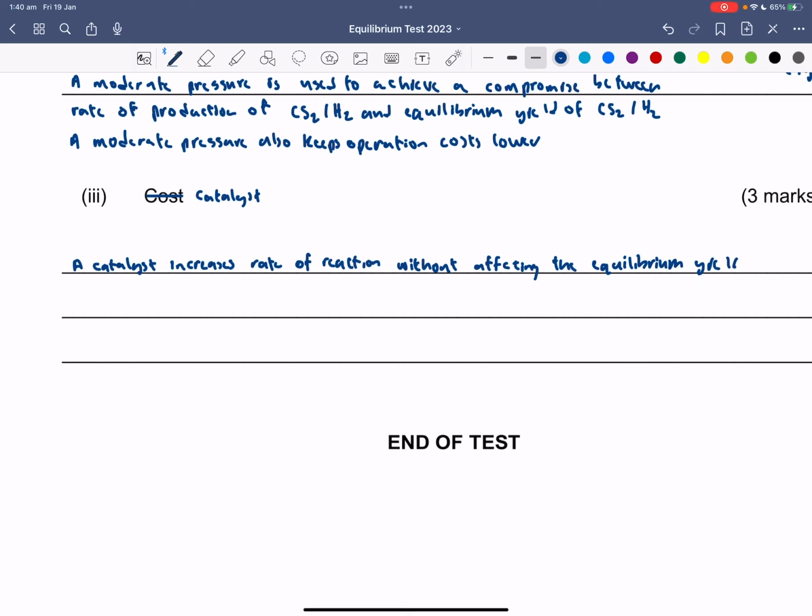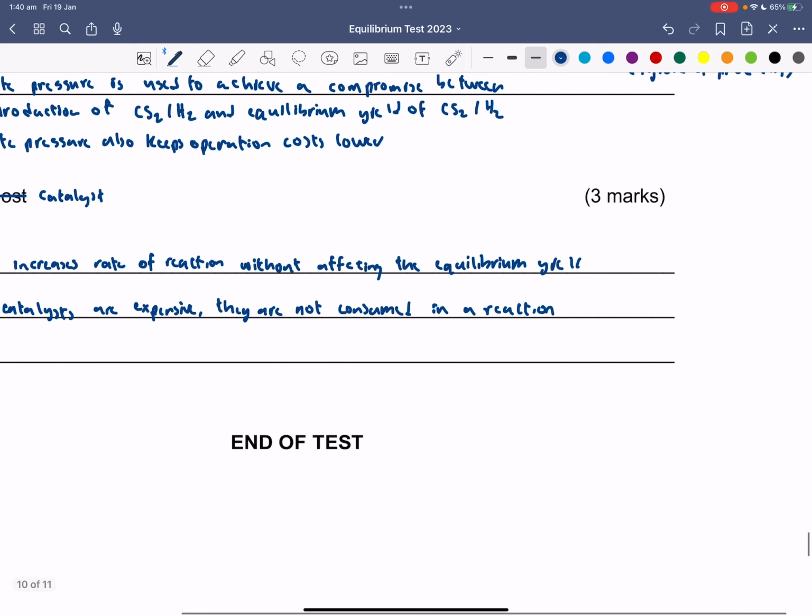So that's one thing. And you can explain, although catalysts are expensive, they can be reused. Catalysts are not consumed in a reaction, and hence can be reused.